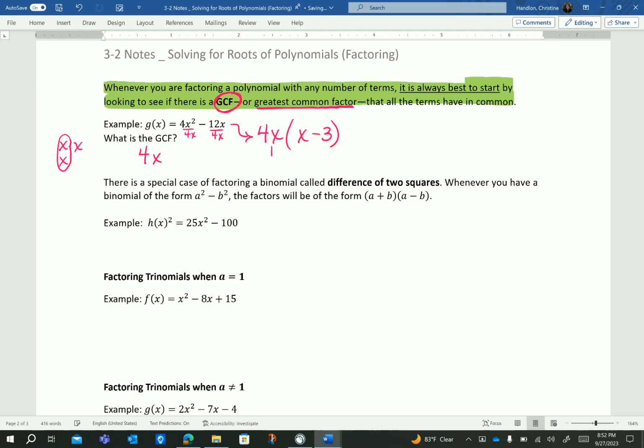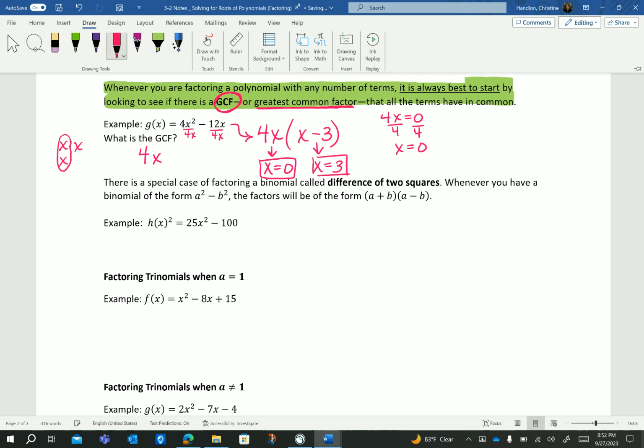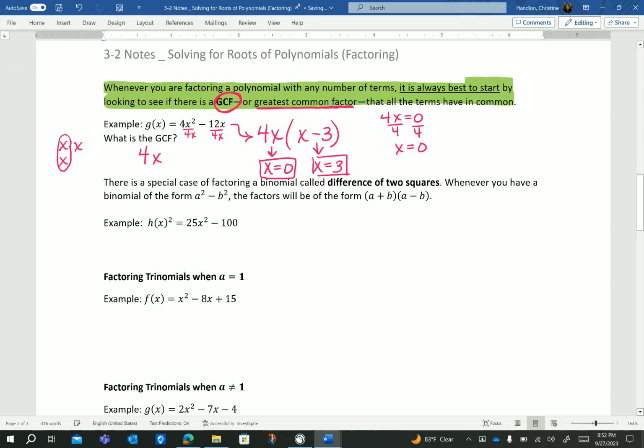So if I needed to find my zeros, I could set this equal to 0, and I could solve. 4x equals 0. If I divide by 4 on both sides, x is going to be 0. So that's the first x-intercept. And then this one is pretty straightforward. X is just going to be a 3. Okay? So if I had to give the multiplicities, let's write the multiplicities here for practice.